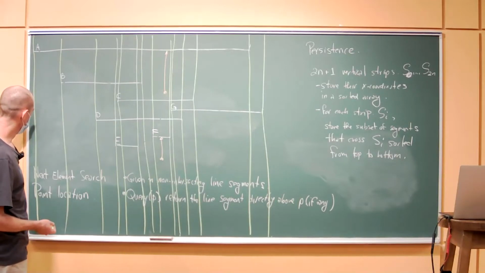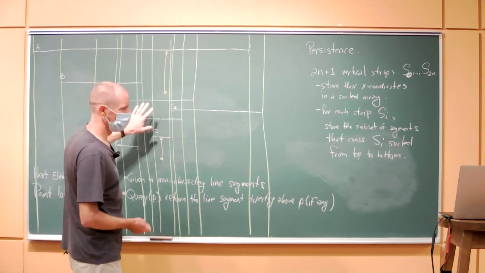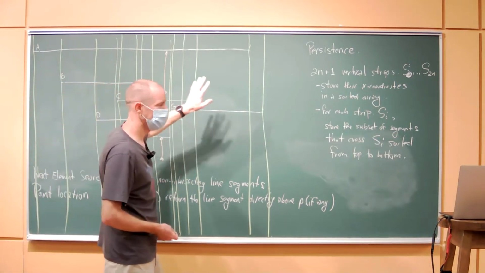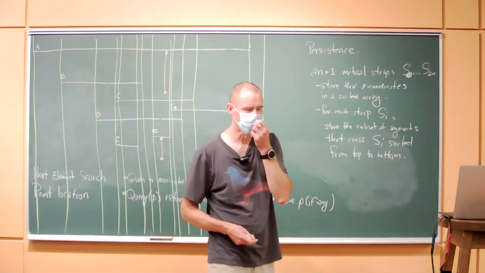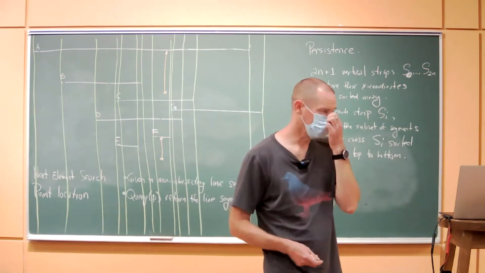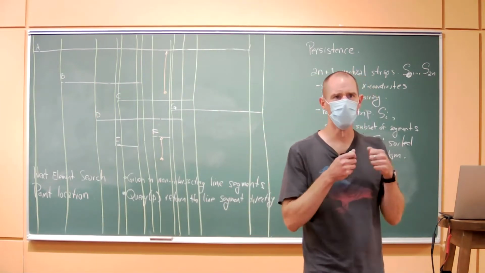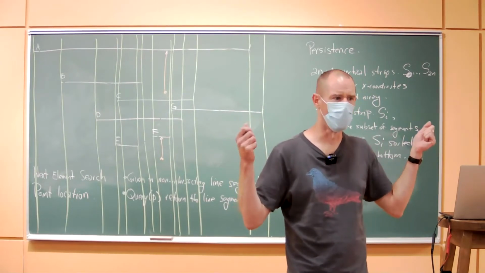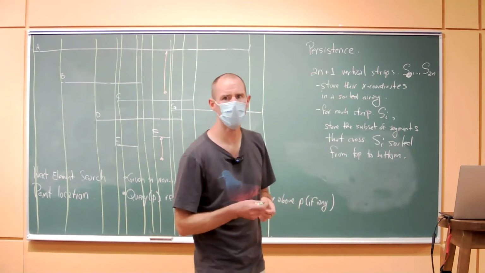Then there are n minus 1 strips that have 2 sides, and then there's one more that has only 1 side. So in general, 2n numbers partition the real line into 2n plus 1 intervals. Don't forget the infinite intervals attached to either end.